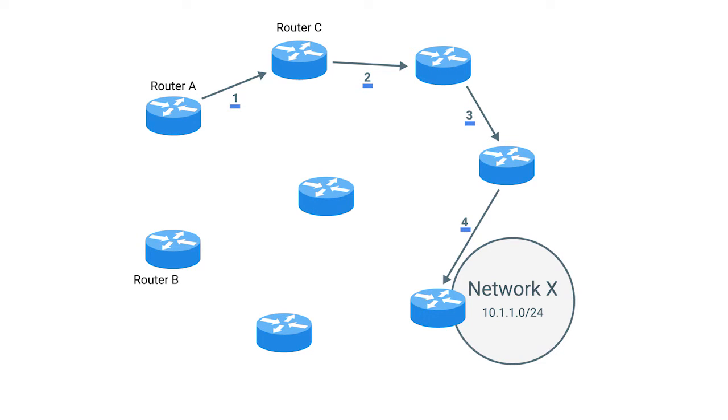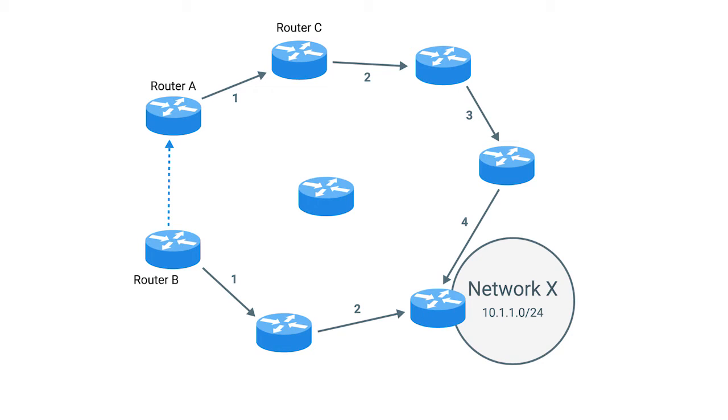Meanwhile, router B is only 2 hops removed from network X, and this is reflected in its routing table. Router B, using a distance vector protocol, sends the basic contents of its routing table to router A. Router A sees that network X is only 2 hops away from router B. Even with the extra hop to get from router A to router B, this means that network X is only 3 hops away from router A, if it forwards data to router B instead of router C. Armed with this new information, router A updates its routing table to reflect this.